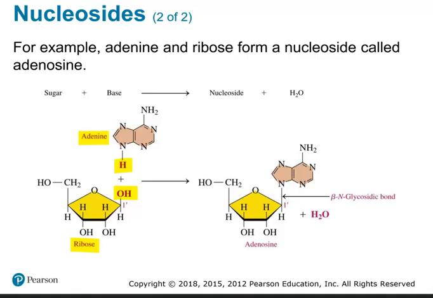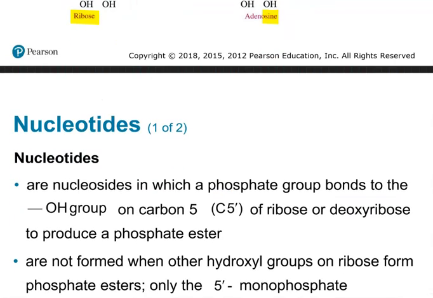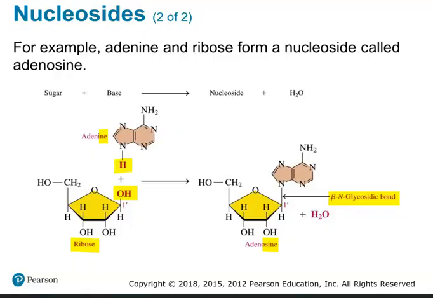The OH group leaves the first carbon, and the beta N-glycosidic bond, beta because the OH group in this case looks up, is formed. The name goes from adenine for a base to adenosine for an entire nucleoside. I'm going to highlight INE. Questions about the naming? I'm going to provide you with sort of a cheat sheet here.